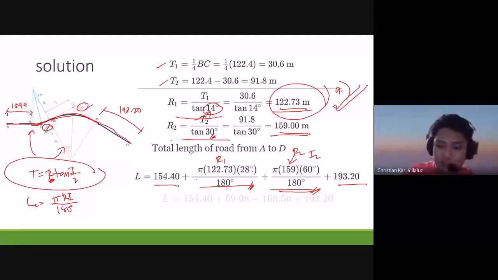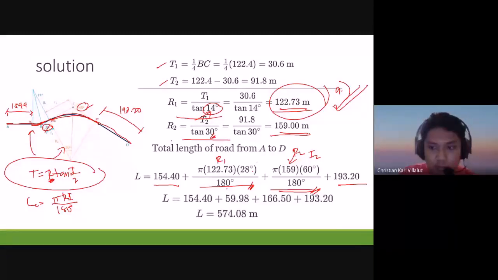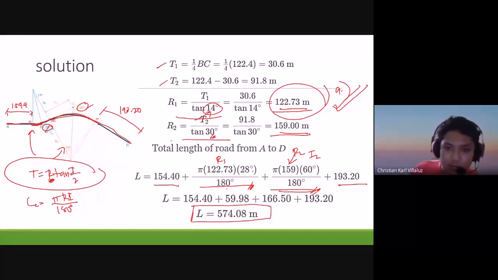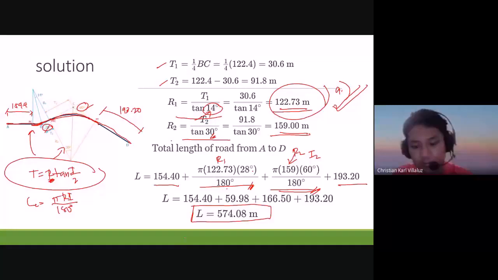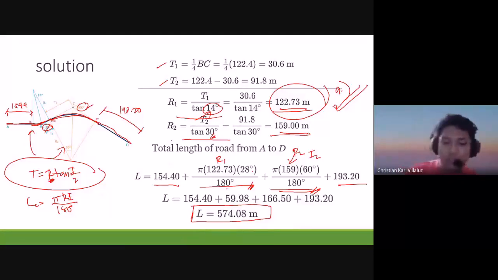When we add all that, we will have a total length of the roadway from point A to point D, which is 574.08 meters.